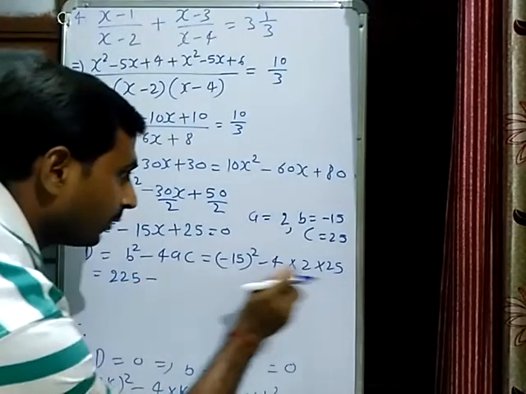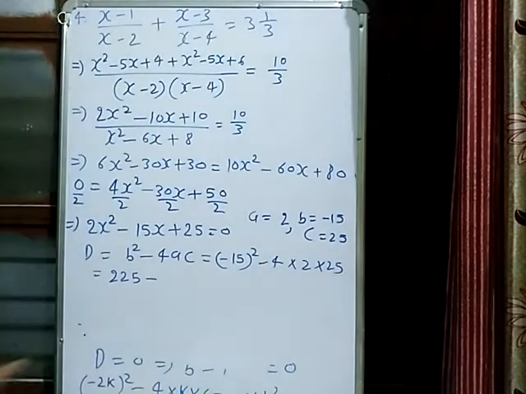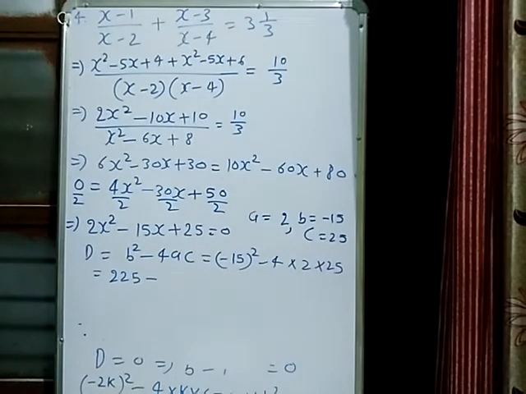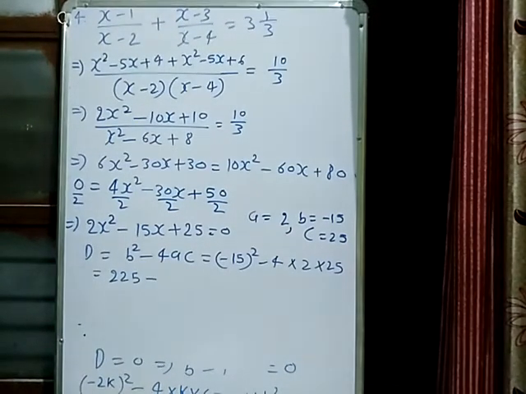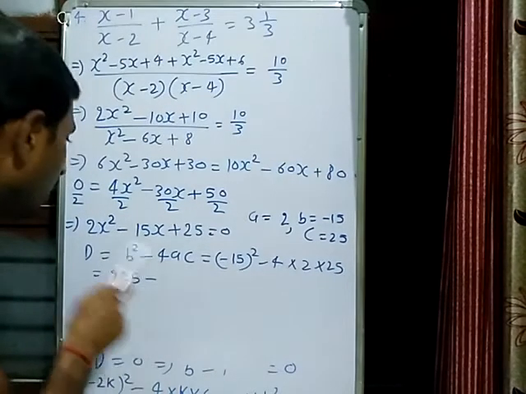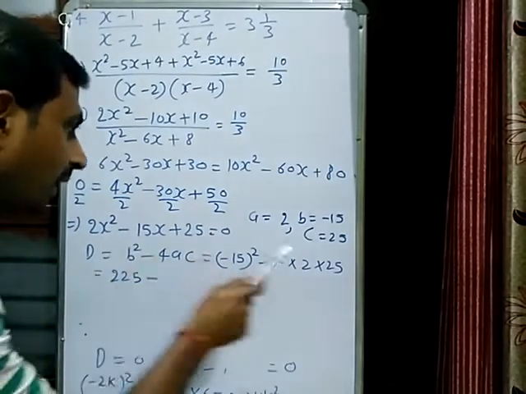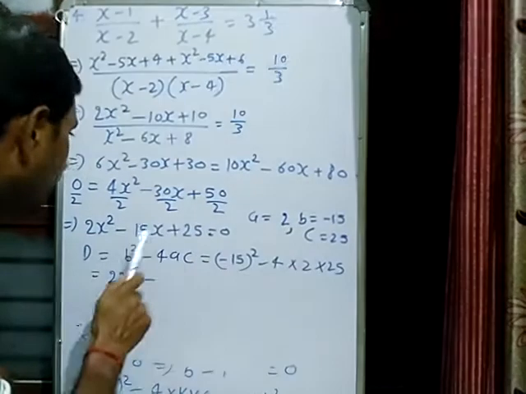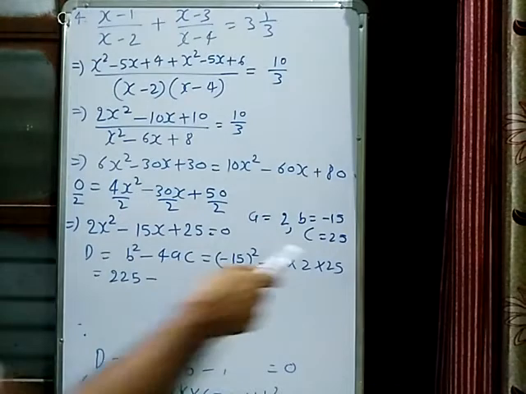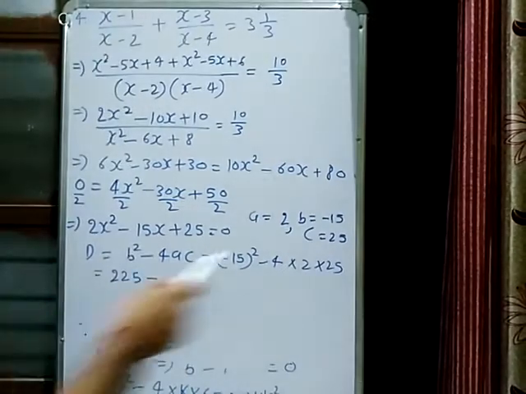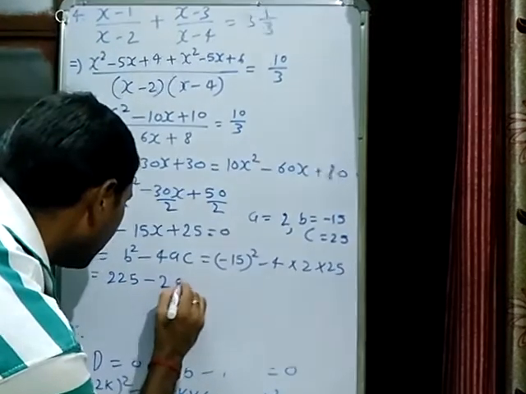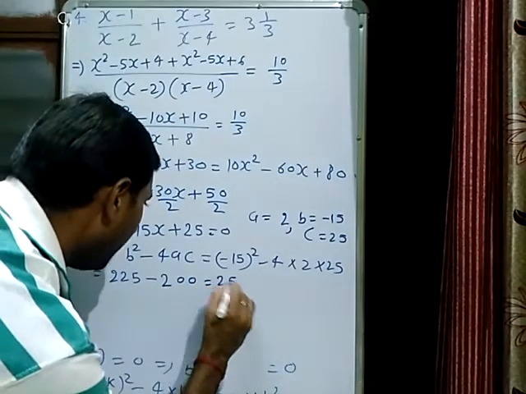Is there any mistake in this question? b is minus 15, a is 2 and c is 25. 25 times 4 is 100, times 2 is 200. So the difference is 25.